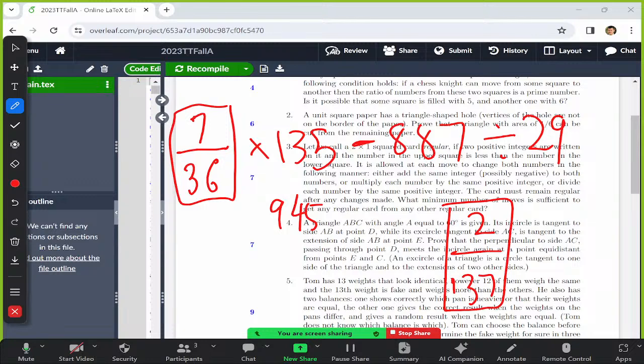We know that 7 goes to 2 under this, but the question is, does 137 go to 36?